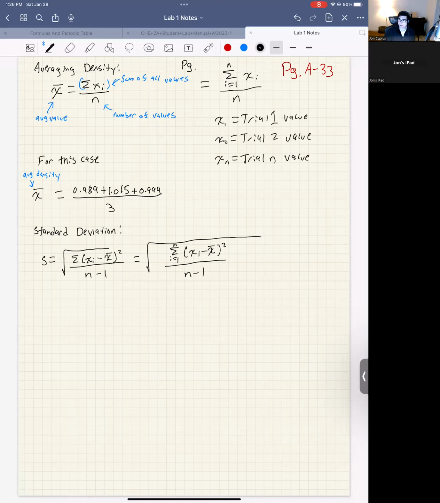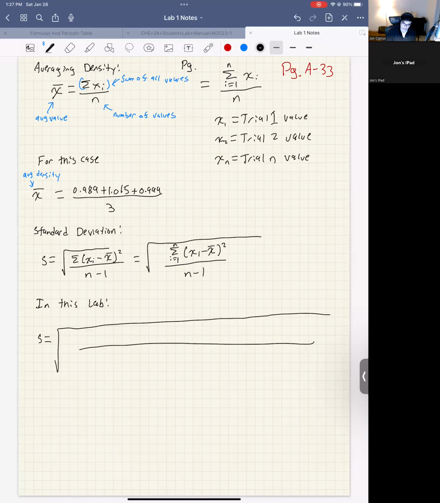All right, now if I were to plug this in for this lab, this is how it would look. And again, just to note, this means a sum. You're summing over all these values.